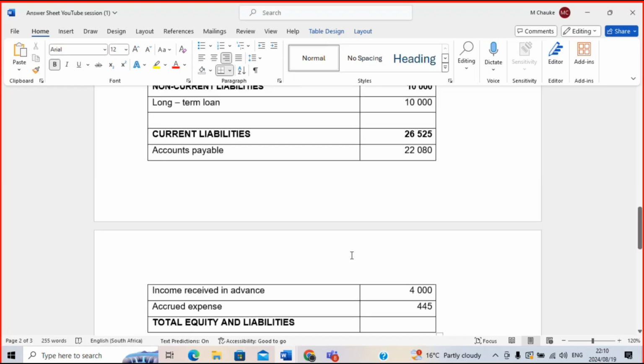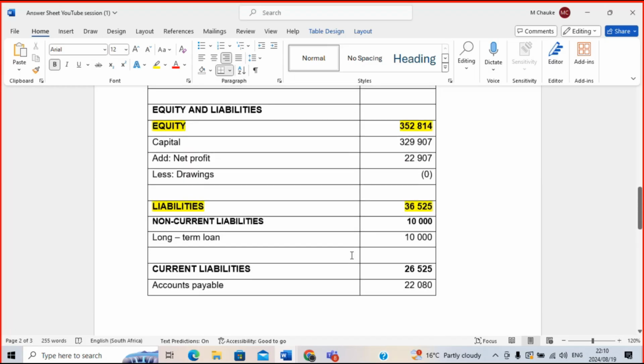Why is it not balancing? Where did we go wrong? Because you have to say, the equity there.